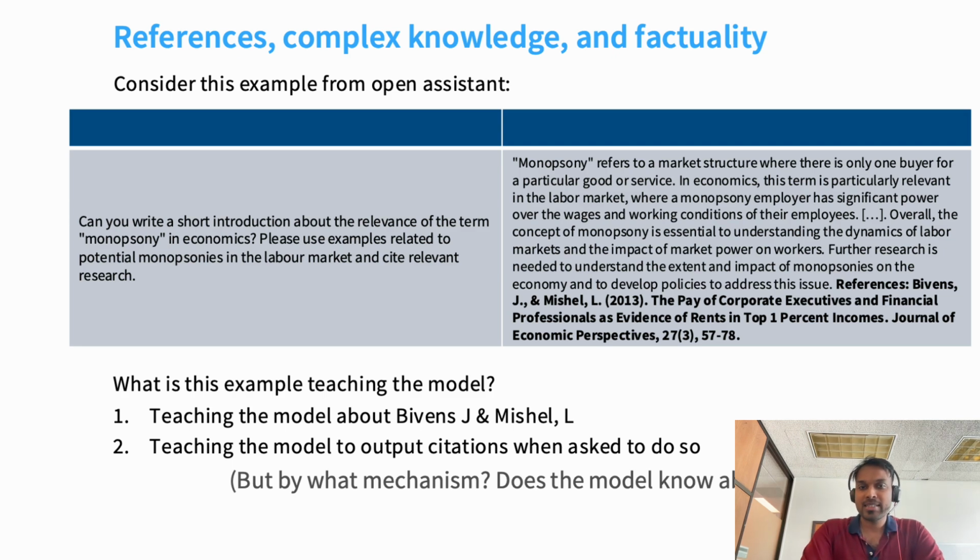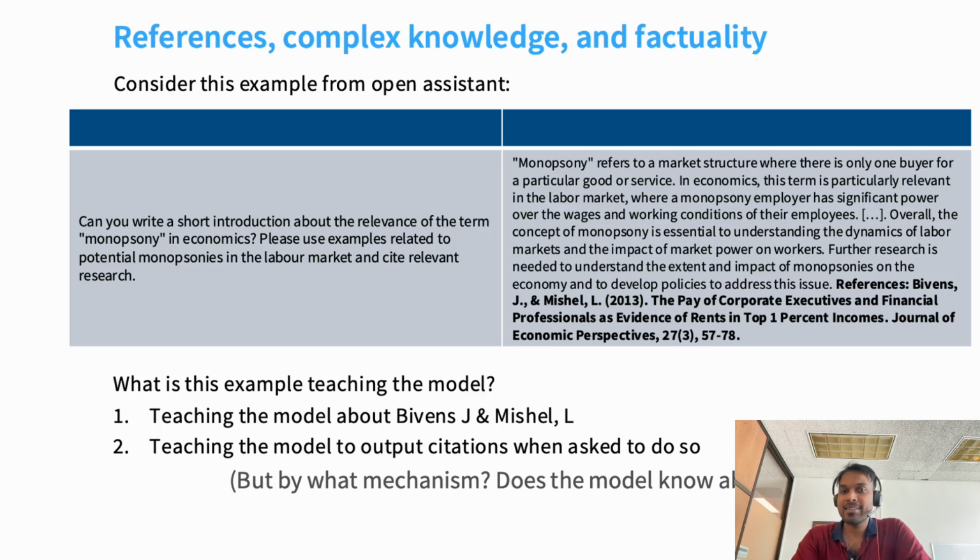What we are essentially asking the model to do here is, one, we are teaching the model the concept of monopsony, a complex concept, which is good. The other thing that we are also teaching the model is to output a reference or a citation at the end of the answer. Whether what the model is going to learn is a bit unclear to the model.